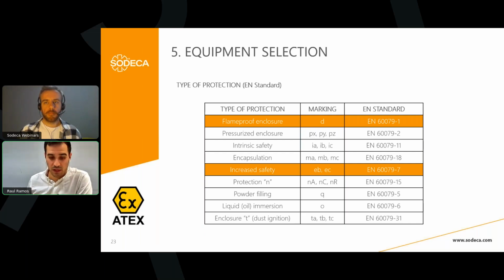Then we have the increased safety, or letter E, established in part 7 of the standard, which indicates that the equipment by itself cannot make electrical arcs or have overpressure or overheating inside, and they can obtain it by having a very good electrical insulation with a rating of at least IP54.